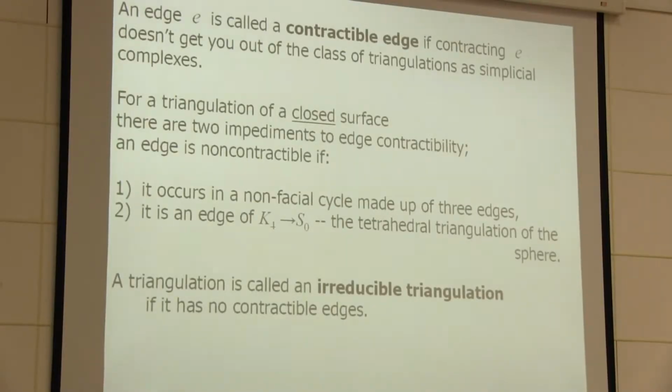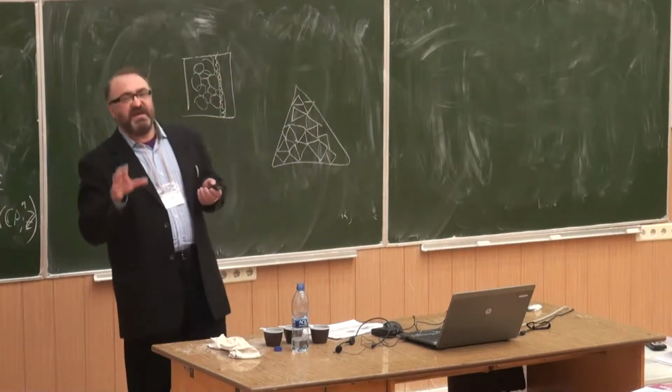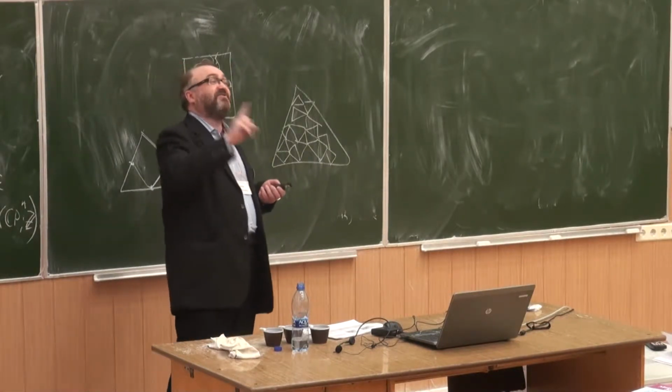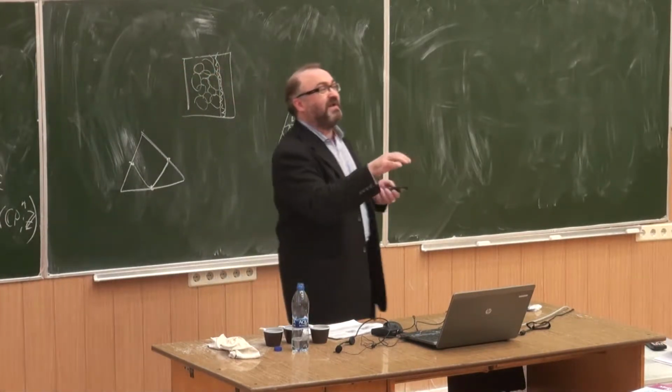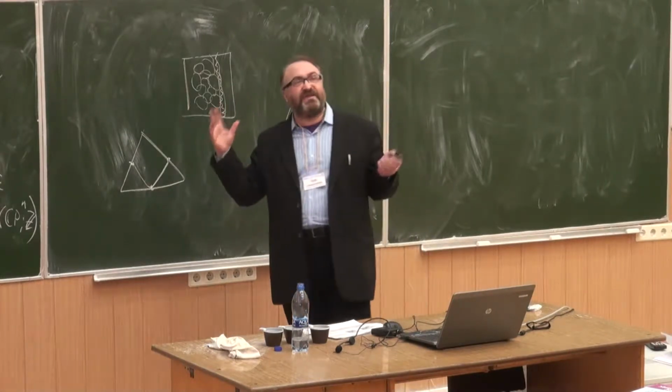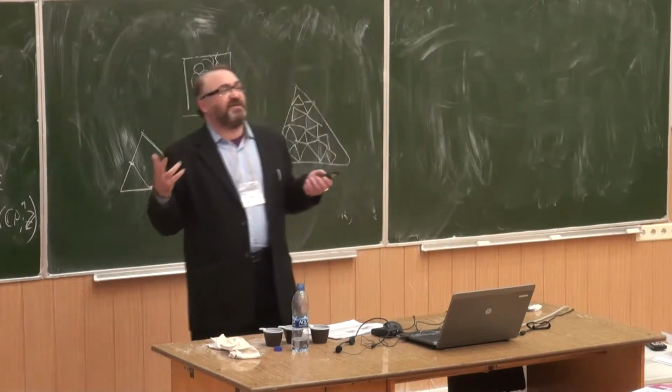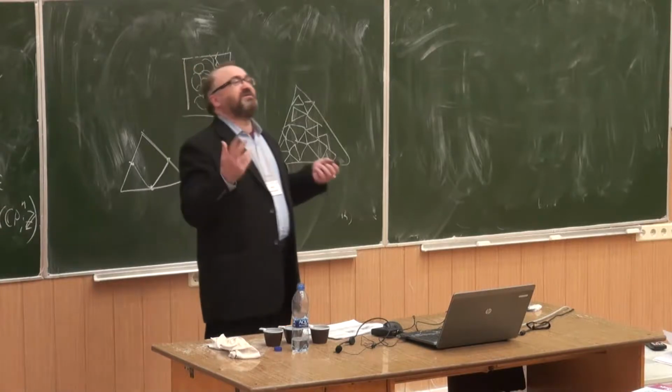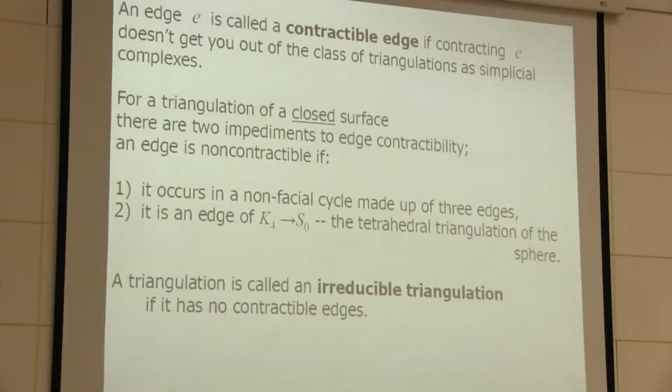And we call a triangulation irreducible if it has no contractible edges. So you can take any triangulation of a fixed closed surface and contract its contractible edges one by one, and sooner or later you'll reach a triangulation which has no contractible edges, and we call such a triangulation irreducible.